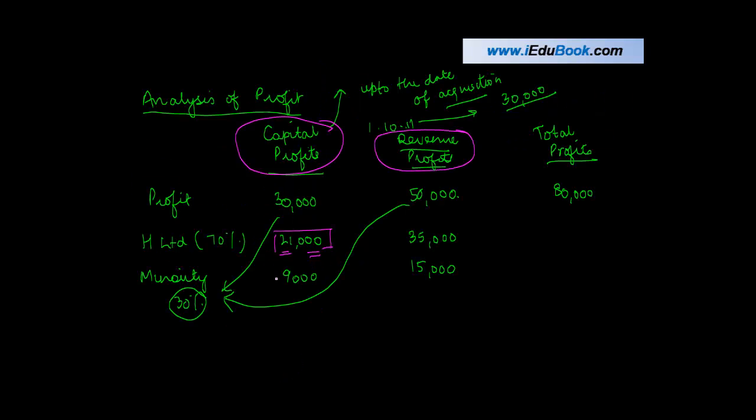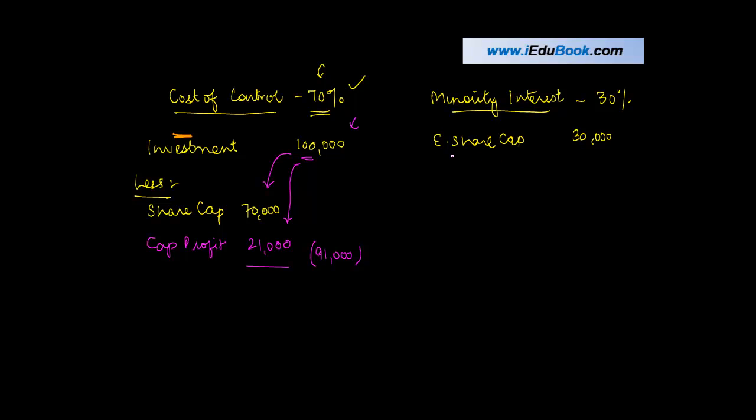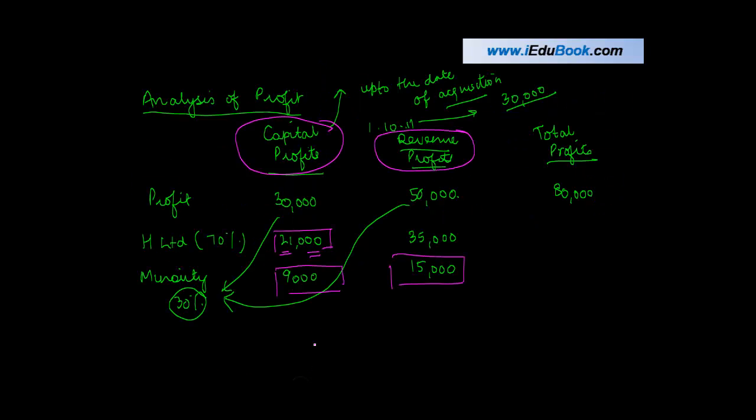Let's do for the minority, 9,000 and 15,000 are the profits. So I can just add these profits to the minority, revenue profits plus capital profits. This was 9,000. This is 15,000. Right? 9,000 capital, 15,000 revenue.